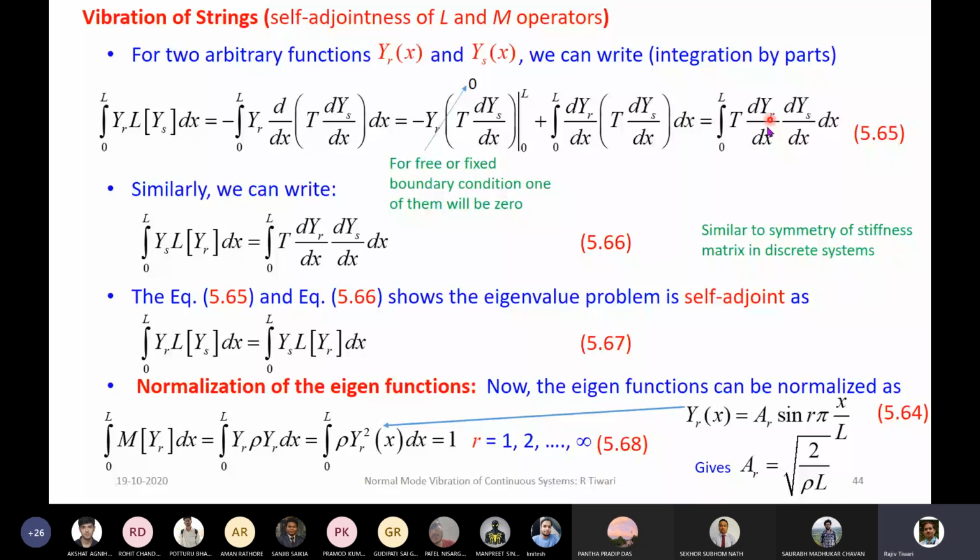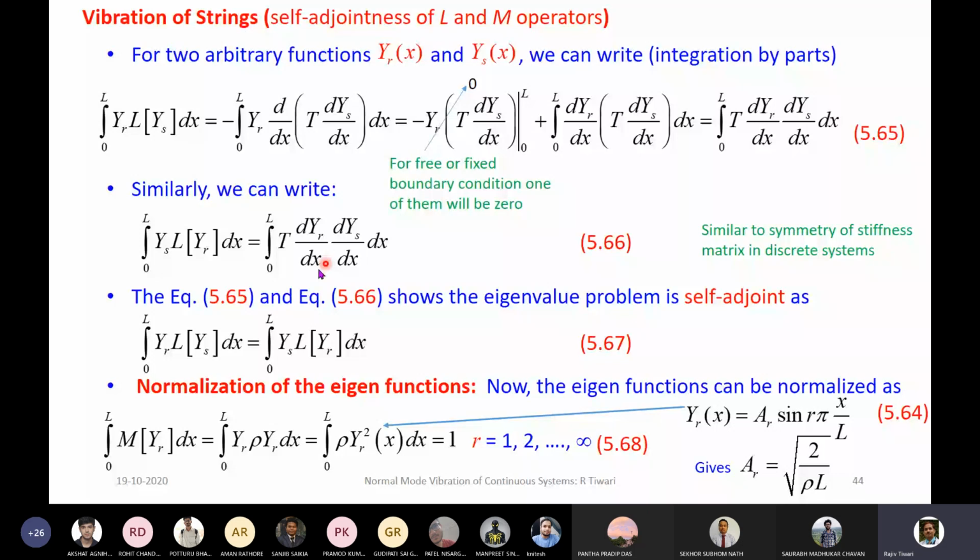Now if we change the order of these eigenfunctions, taking the eigenfunction s first and the L operator on y second, and do the same integration by parts, we will get a similar expression, only with s here and r there, and basically these two boundary quantities will be 0.